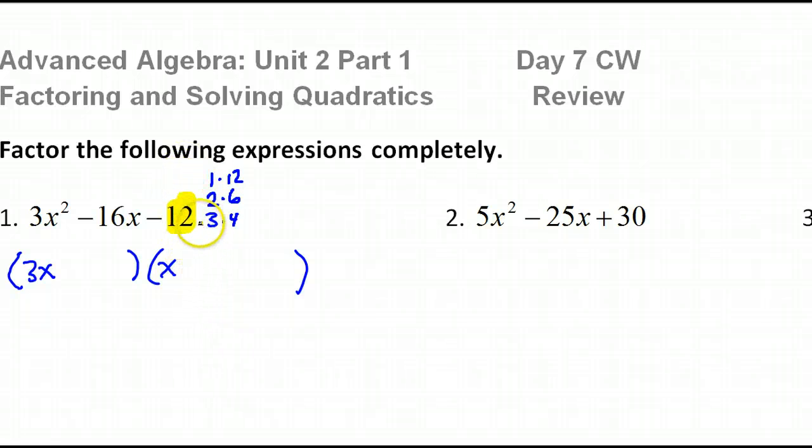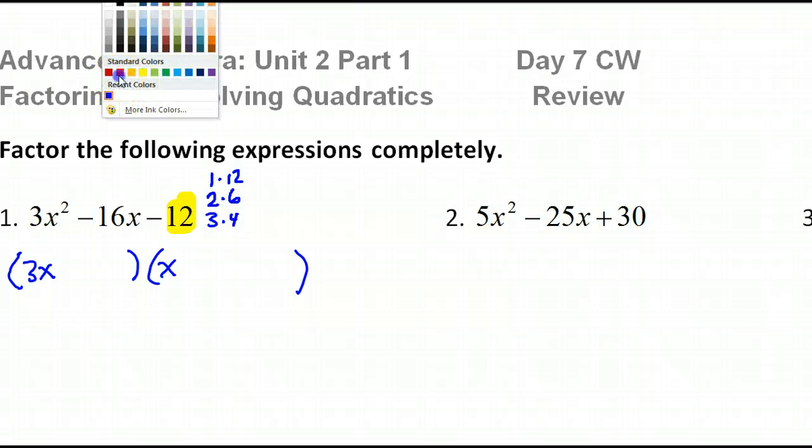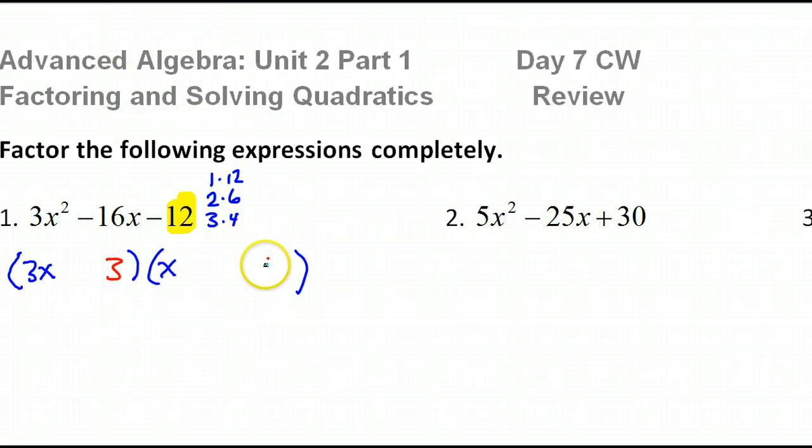Now, I cannot just immediately start looking for the 16. That only works when there's no number in front. Instead, I need to do some guessing and checking. So, I'm going to start with the 3 times 4. Now, a little shortcut that I taught you guys. I will not even try putting the 3 here and the 4 here. Why?